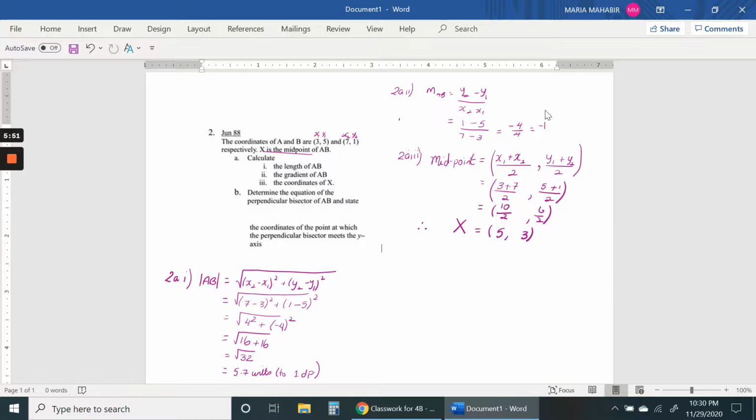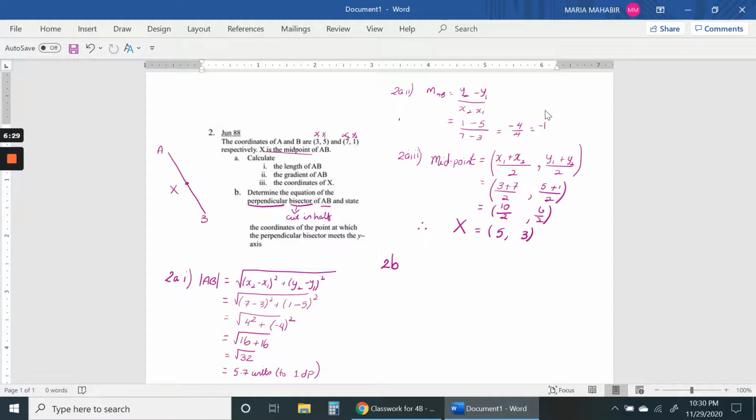So now we want to find part B. So 2b says determine the equation of the perpendicular bisector of AB. Bisector simply means where it is cut in half. It's meaning the line. So let's say this is your line, AB, and let's say this was the point X because that's the midpoint.